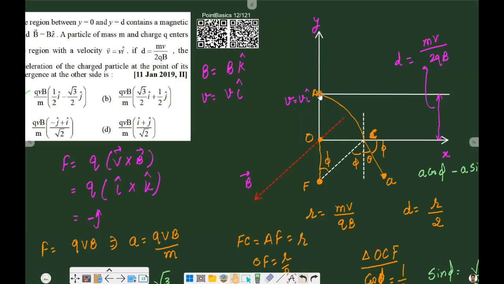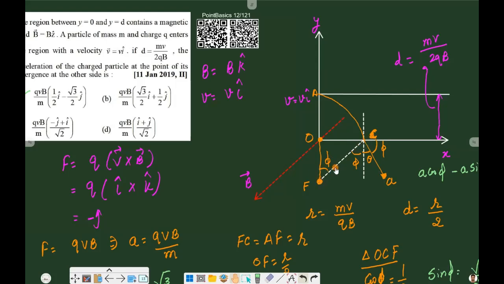So the center of rotation will be outside of this thickness. We plotted this center of rotation as point F. F to A is equal to radius, and F to C, where C is the point where the particle after rotation leaves this region of magnetic field, again will be equal to radius.